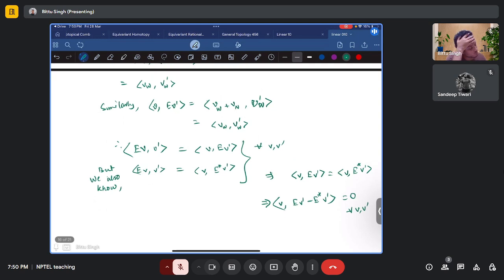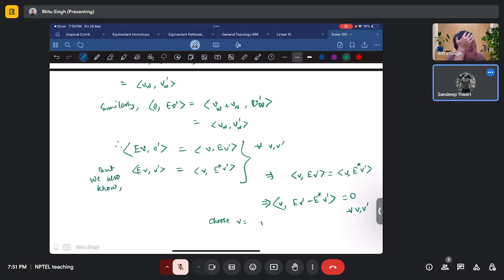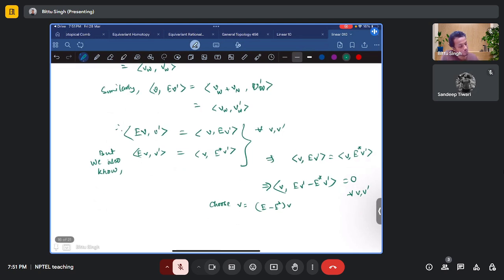So again, choose V equal to EV dash minus E star V dash. So this is only true if EV dash minus E star V dash is 0. Yes, that is true. Only the second component must be 0.